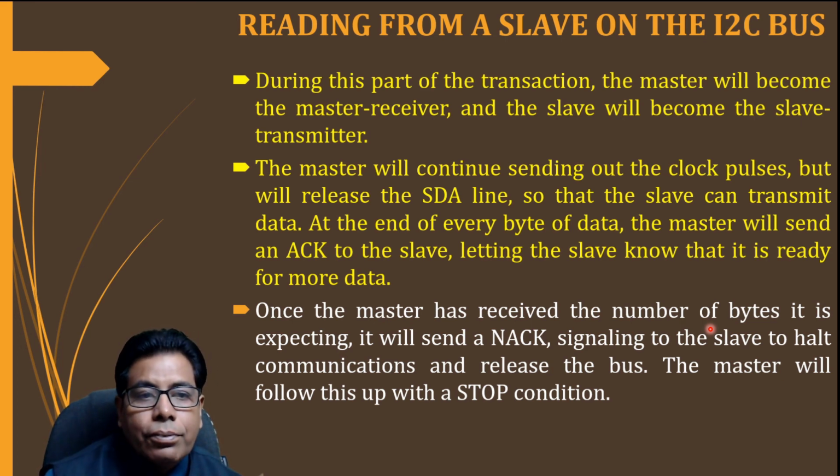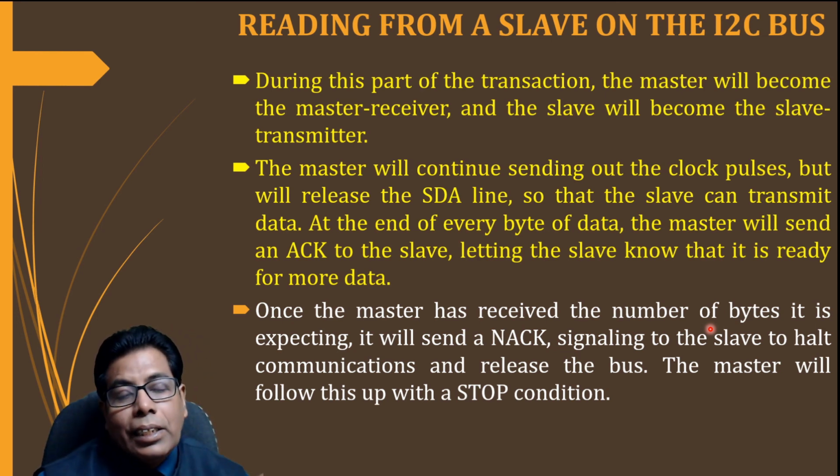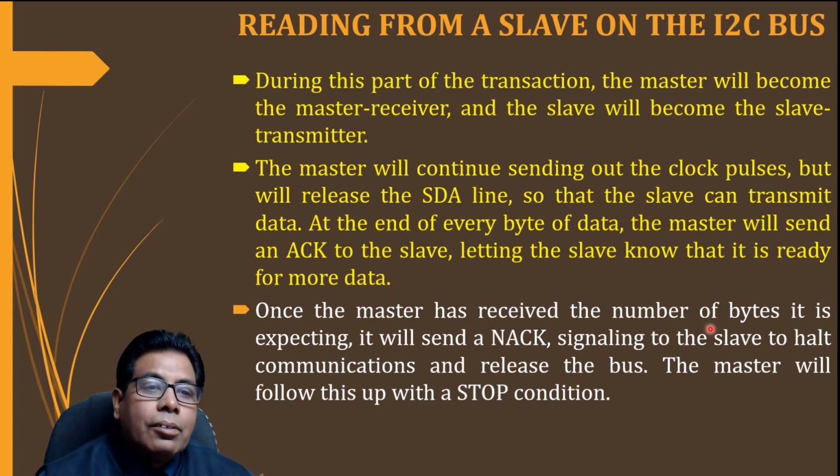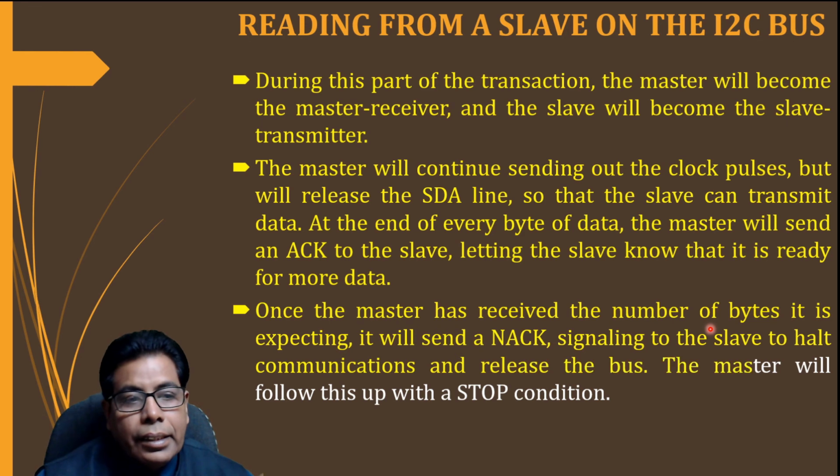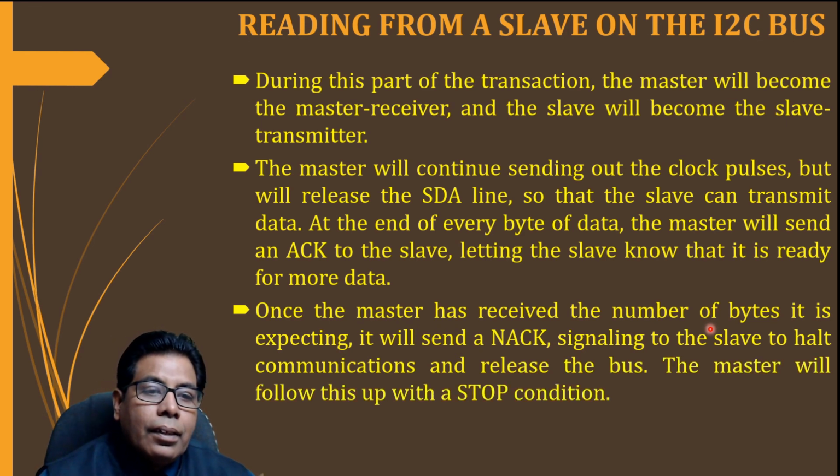So at the end of every byte of the data, the master will send acknowledgement to the slave, because since it is a byte oriented protocol, after every byte received, the master will send the acknowledgement. So once that is sent, the next data will be sent by the slave. So once the master has received the number of bytes it is expecting, then it will send a not acknowledge, NACK.